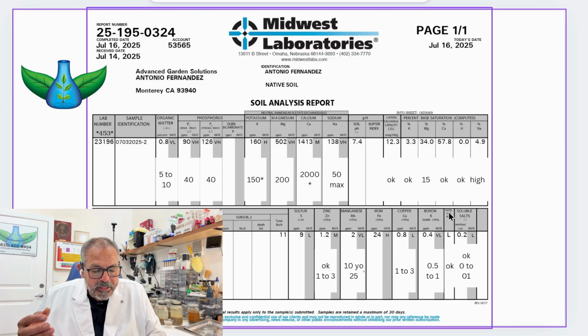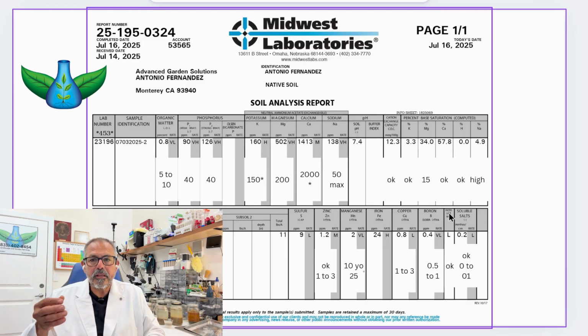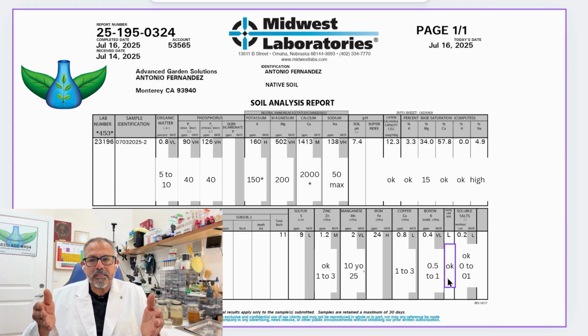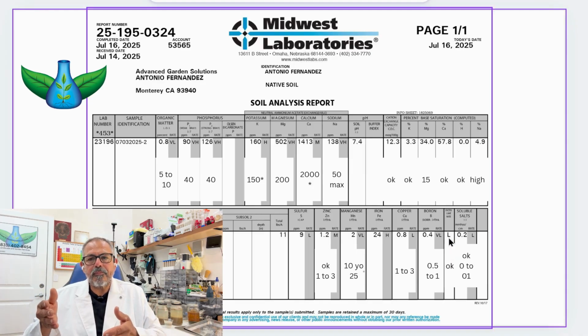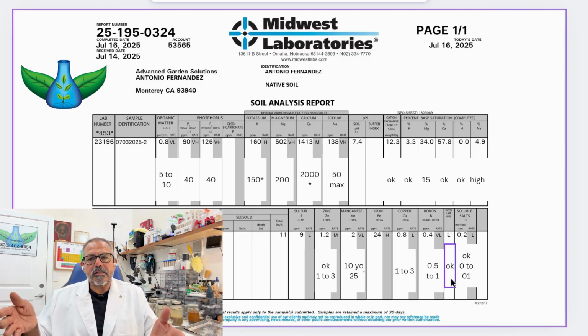Then we have the excess lime rating. Since this soil is low in calcium, it has a low excess lime rating. Having a low excess lime rating is good because lime raises soil pH and blocks nutrients from the plants.